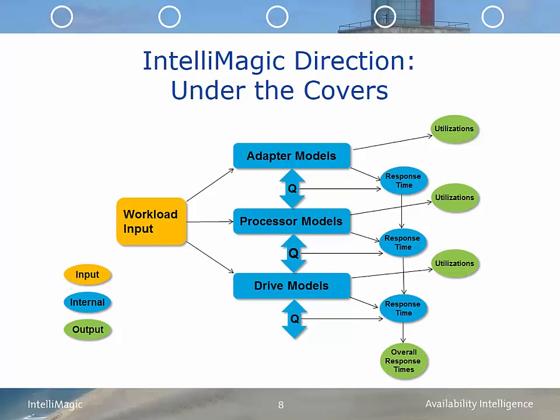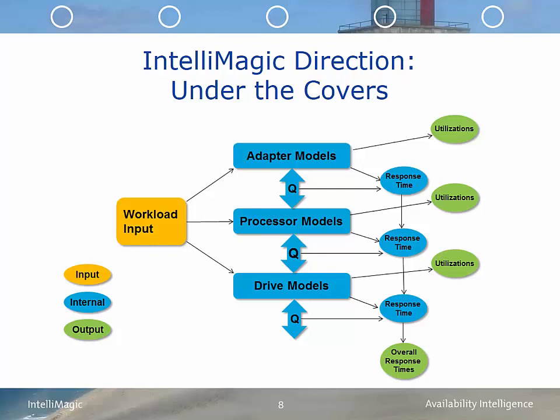Now, ideally, the models are built based on specifications from vendors as well as measured data from workloads in the wild. Each of the workloads will have an amount of time that they spent to be serviced and an amount of time that they spent queuing, waiting for the adapter if it's busy, or the processor or the drives. And the sum of the average queue and the average service time equals the average response time.